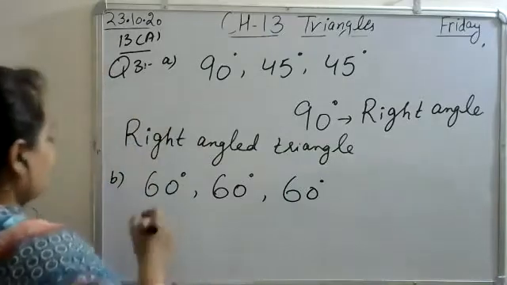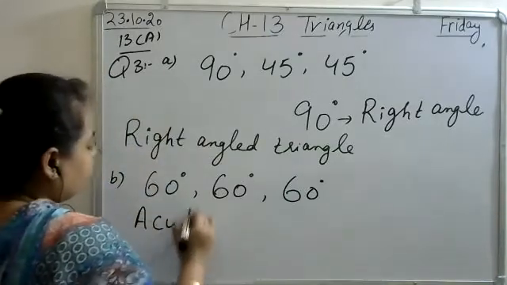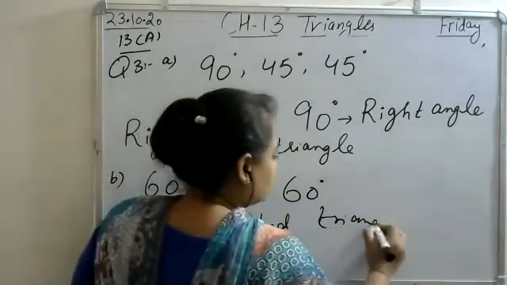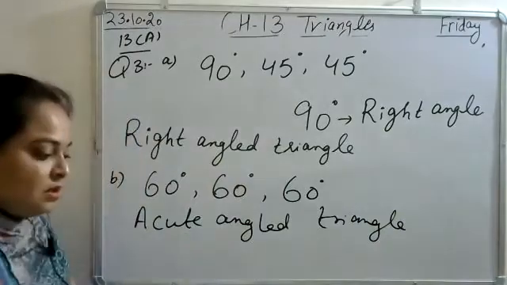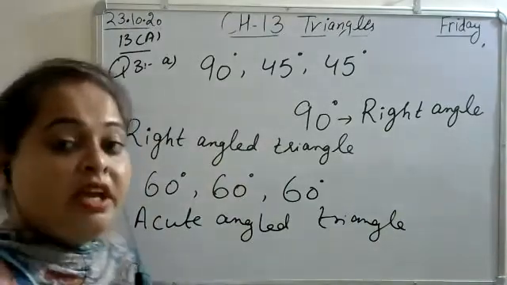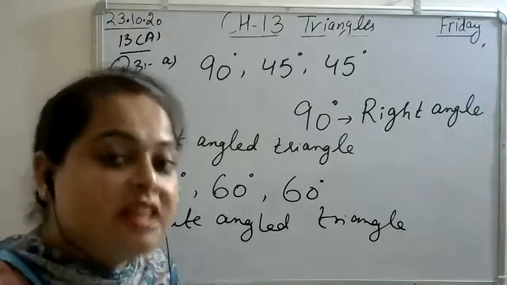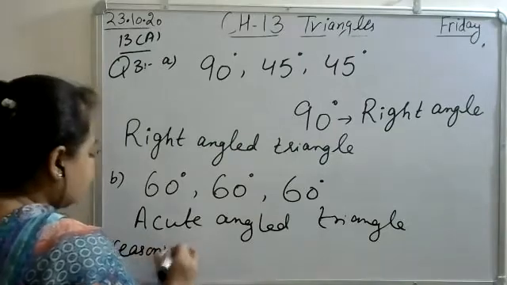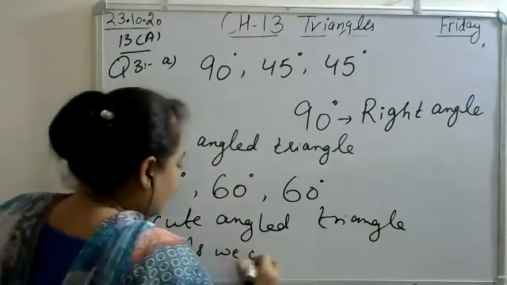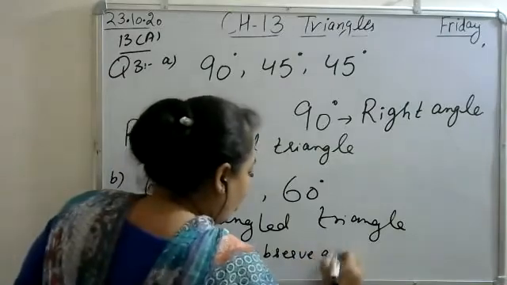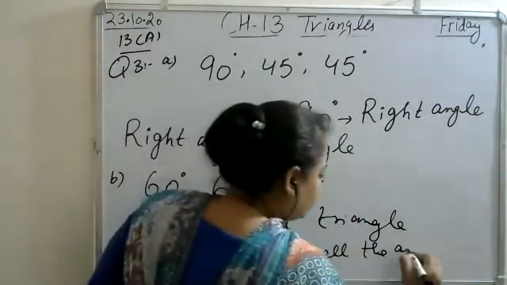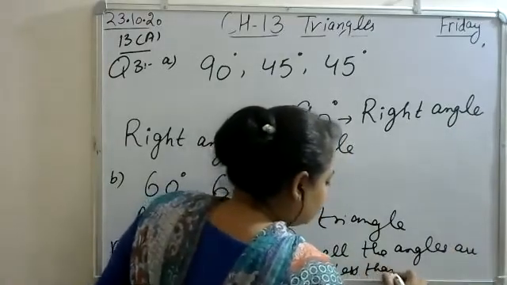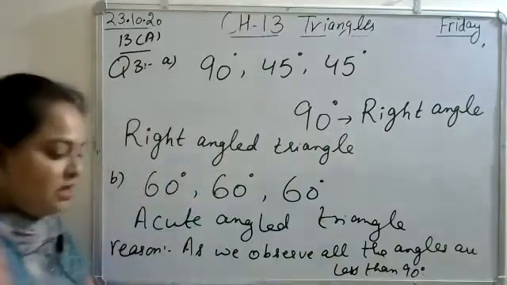So it means this is an acute angled triangle. What is the reason? If in the exam the question is to tell the reason, then you will write in the reason: as we observe, all the angles are less than 90 degree.